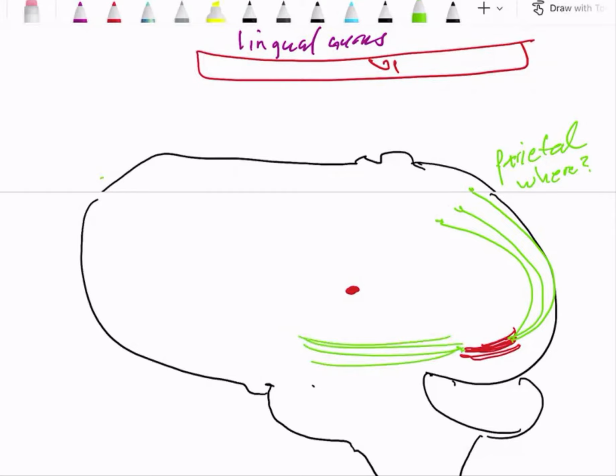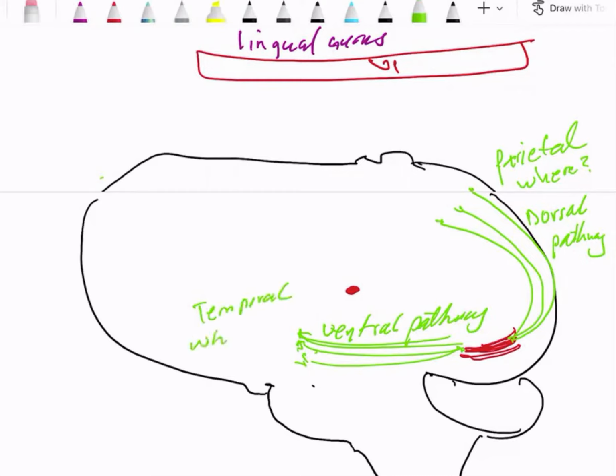So this was the dorsal pathway, and the ventral pathway will conduct these impulses to the association cortex in the temporal lobe. And here we are going to know what the color and the shape of the object are.